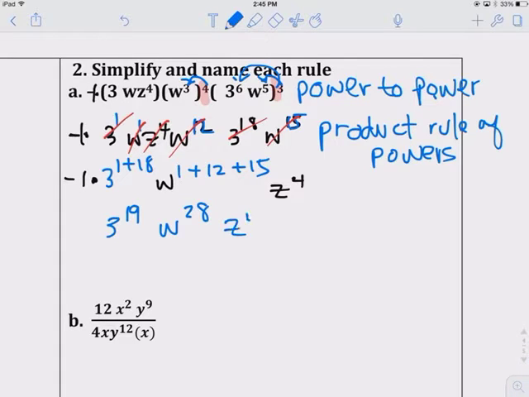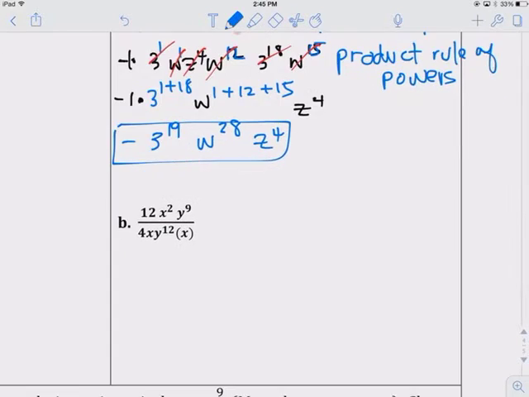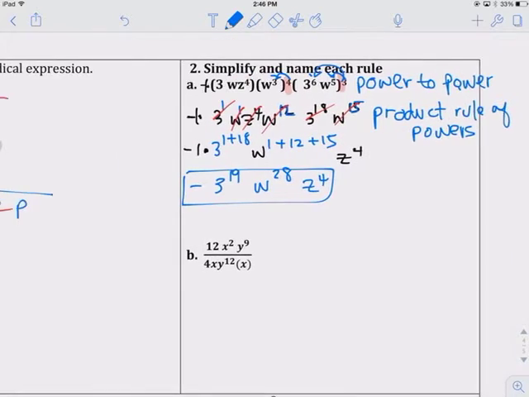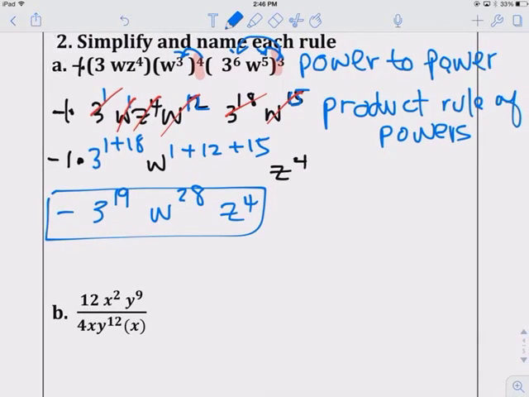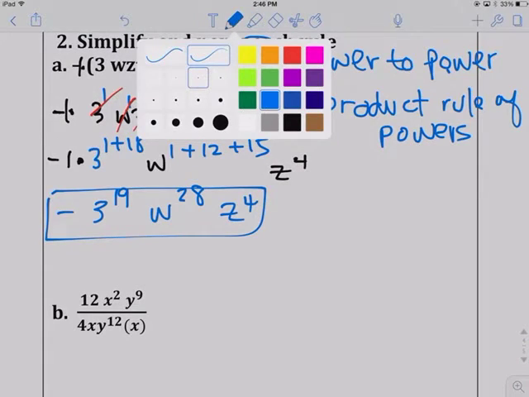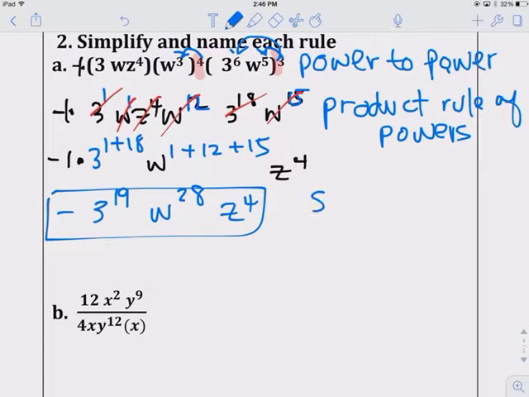And z to the 4th. And there's the negative in front. It represents -1. The 1 stays invisible. Any question? Okay. Is it just simplifying? Yeah. Simplifying product. Simplified product.